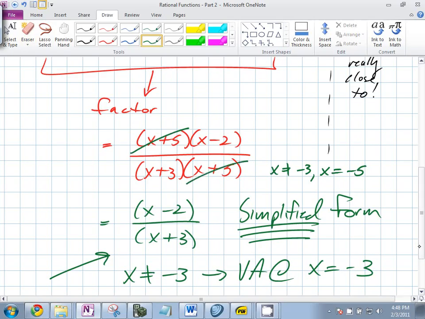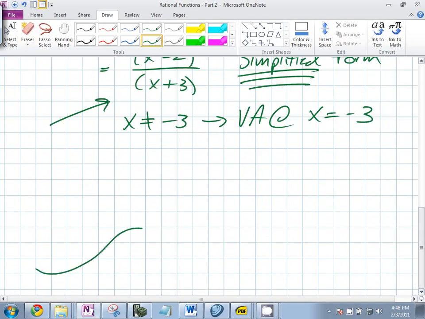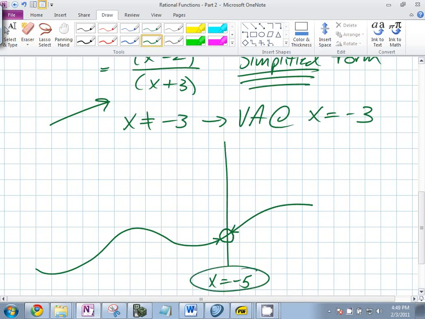What that means is, functionally, when you look at this graph, it'll look like nothing has changed, except whatever this function does, it's going to be traveling along. Wherever it hits x equals negative 5, there's going to be an open dot there, meaning the function can get infinitely close to negative 5, but it can't actually equal x equals negative 5. So wherever the function crosses the x value x equals negative 5, there's an open dot.